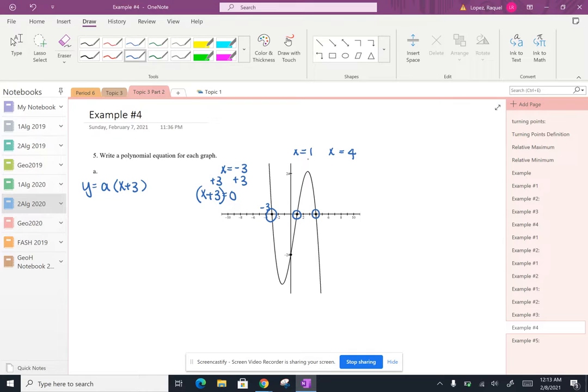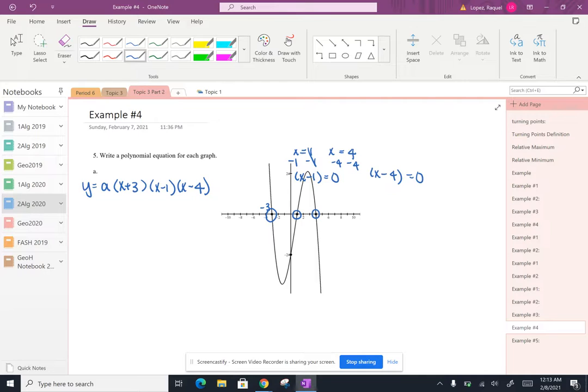I want to set it equal to 0. Subtract 1 on both sides, and I end up with x minus 1 equals 0. And there's my other factor, x minus 1. And then for the last one, I'm going to subtract 4 on both sides, and I end up with x minus 4 is my last factor. So x minus 4. And I'm going to erase this now since we don't need it anymore.